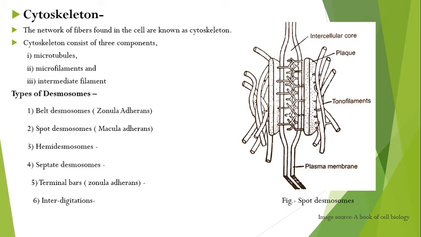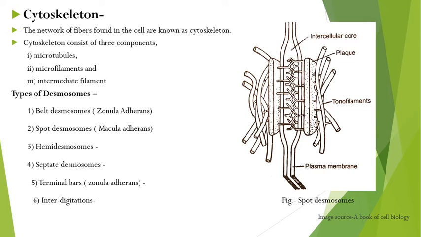There are different types of desmosomes: belt desmosomes, spot desmosomes, hemidesmosomes, septate desmosomes, terminal bars, and interdigitations. First is the belt desmosome. Belt is the zonula adherens, zone-like.